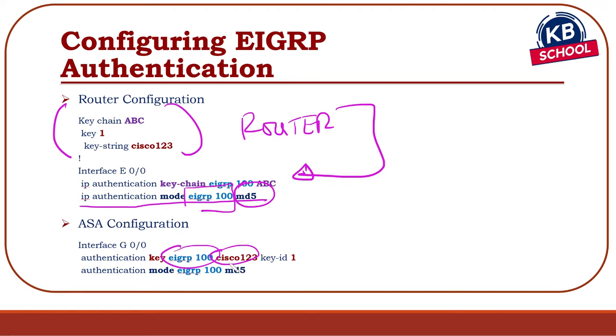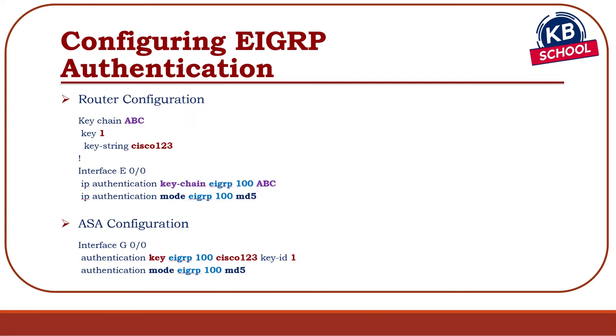So I put the key directly under the interface. Key ID is 1. You get my point? And then the authentication mode for EIGRP 100 is MD5. Very similar to the way you do it on the ASA for RIP, but the commands are slightly different.